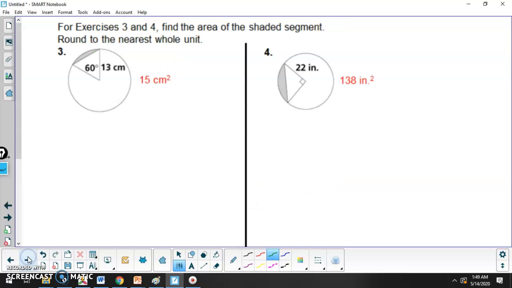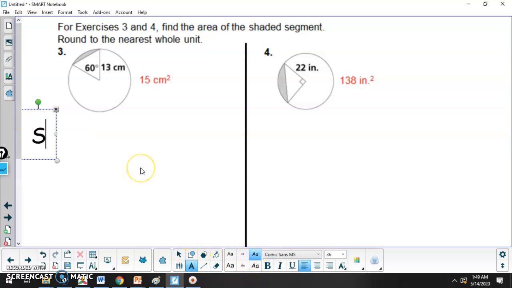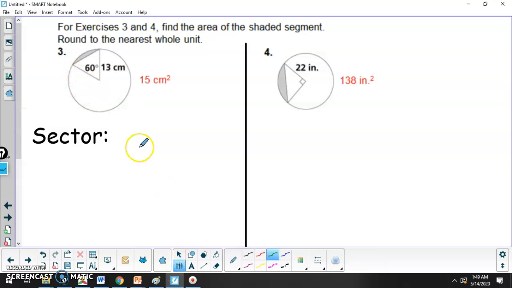Fun times. We've got to figure out the area of the segment, which is part of the sector. So let's start by figuring out the sector's area. The area of this sector is 60 over 360, and you reduce that, that's just 1/6.